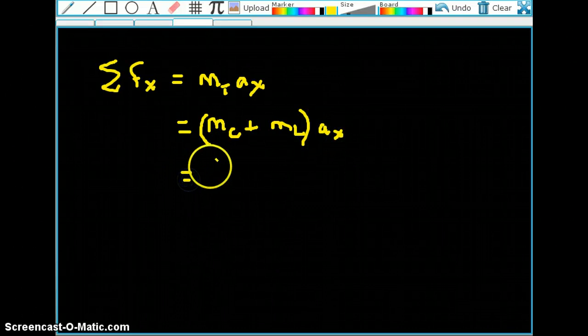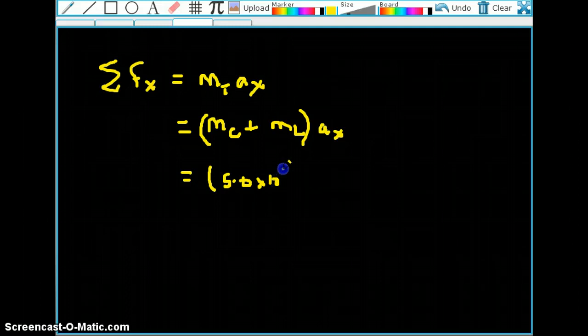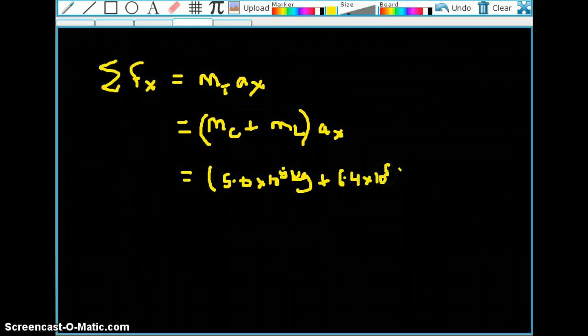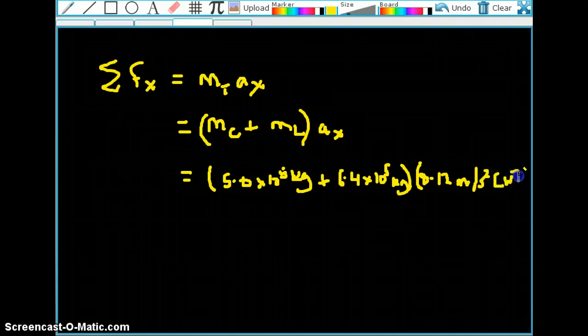We know these numbers: the mass of the car was, I think, 5.0 times 10 to the 5 kilograms, plus the mass of the locomotive, 6.4 times 10 to the 5 kilograms. And we know the acceleration in the x direction is 0.12 meters per second squared to the west.